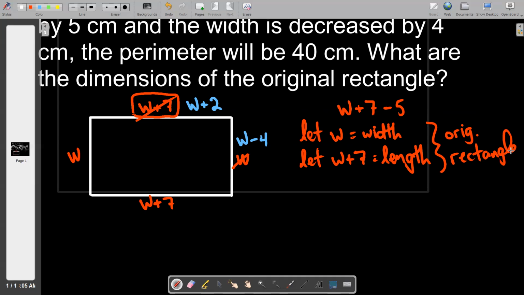If I go on now, like Bryce is kind of pushing me to do, and I make more variable declarations, I'll write them in blue. Bryce says, well, let's let W minus 4 equal the width. And I'm torn as to whether or not I actually want you to do this step. So you can kind of come along for the ride if you want to, or just kind of sit by and decide if this is how you want to go. And what would then the length be?